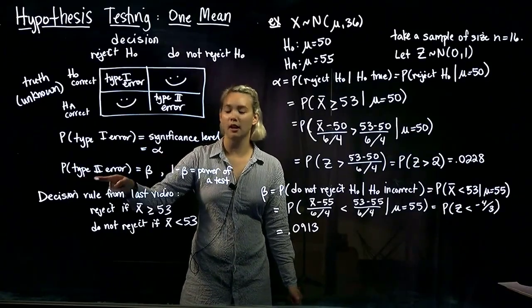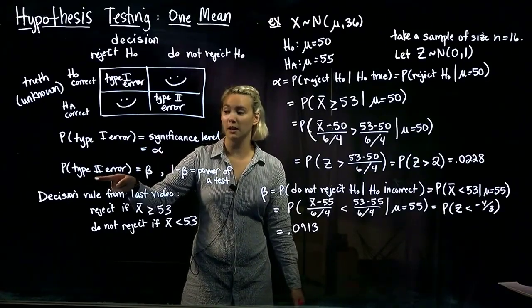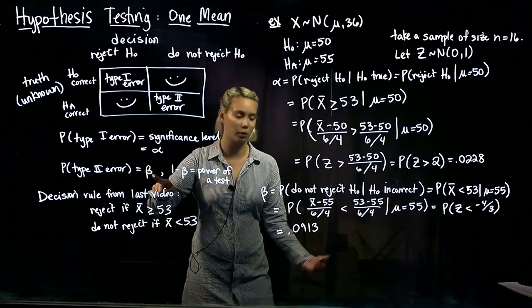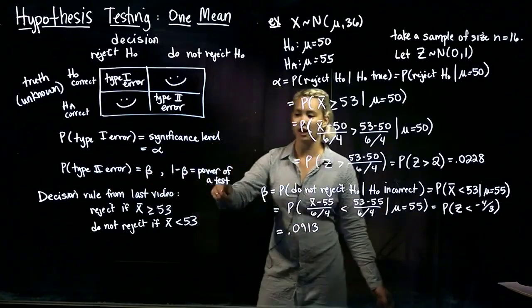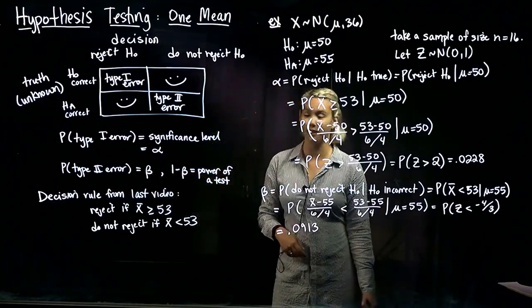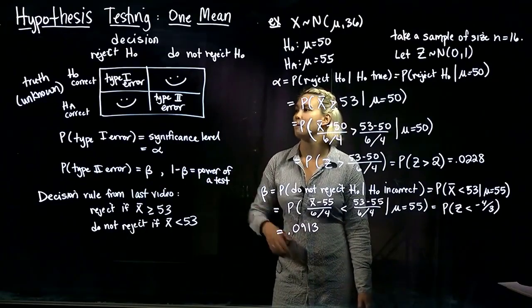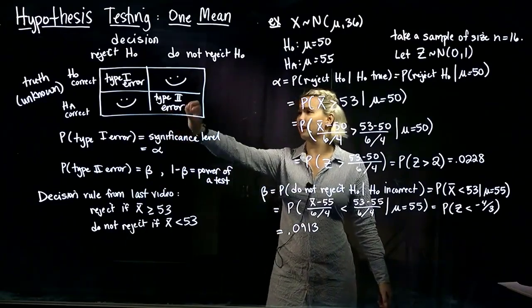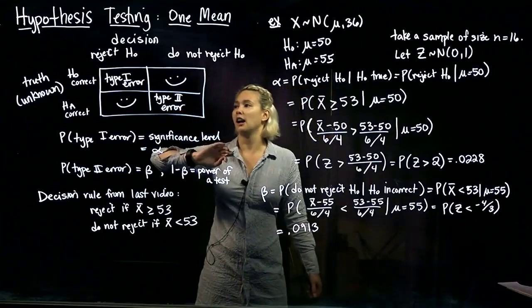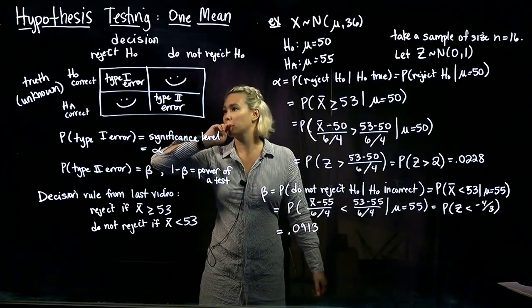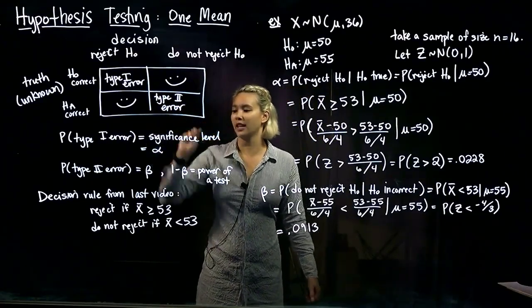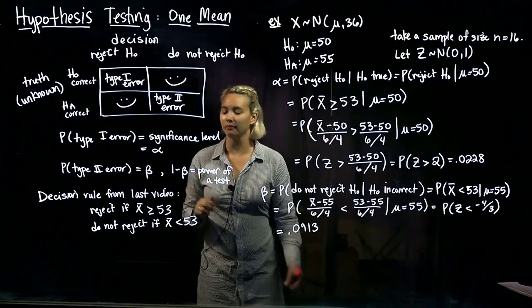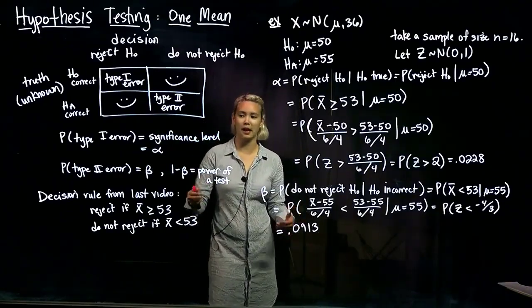And then the probability of committing a type 2 error is what we're going to call beta, and later we'll talk about how 1 minus beta is the power of a test. Okay, so we can see we have these two different types of errors, type 1 error and type 2 error. All right, so let's see how often these happen.